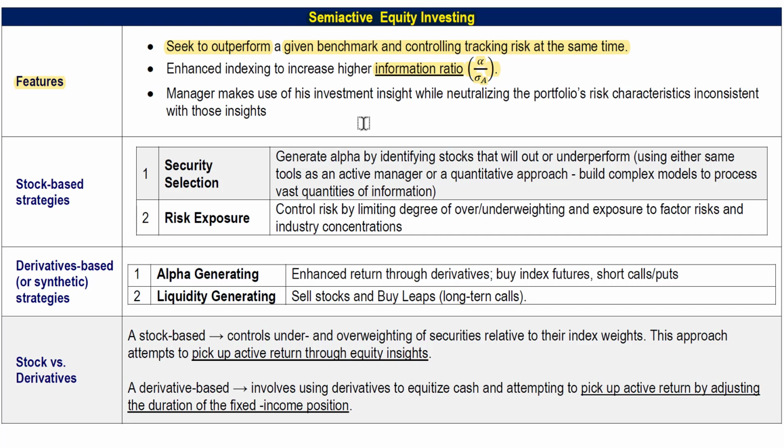Now, in terms of semi-active equity investing, like the short-term reversal strategy I have, a manager makes use of his or her investment insight, while at the same time neutralizing the portfolio risk characteristics that are inconsistent with those of the insight. In other words, I have an insight.